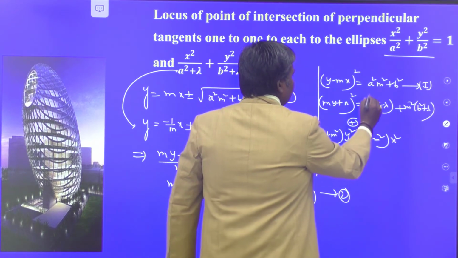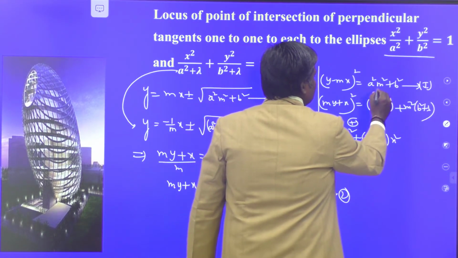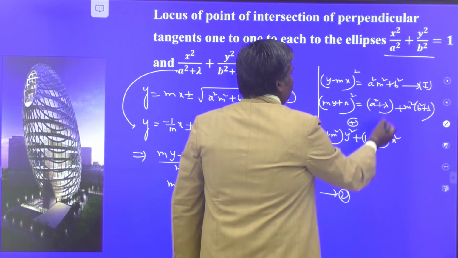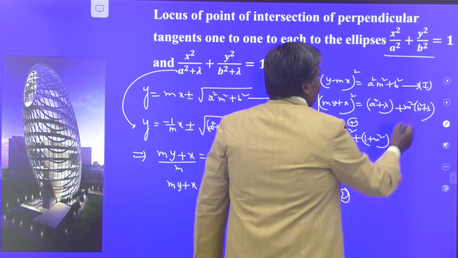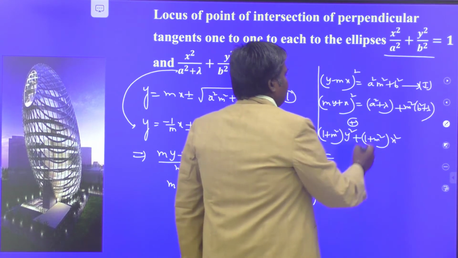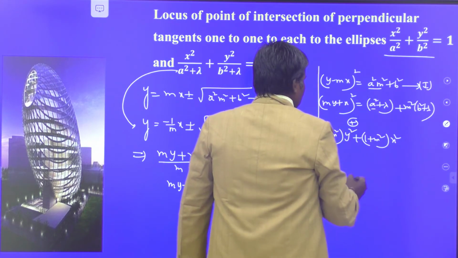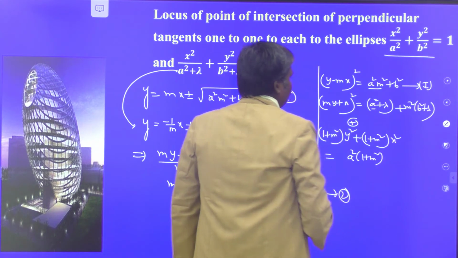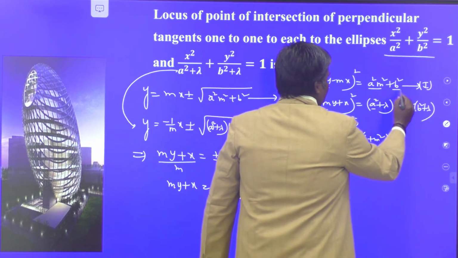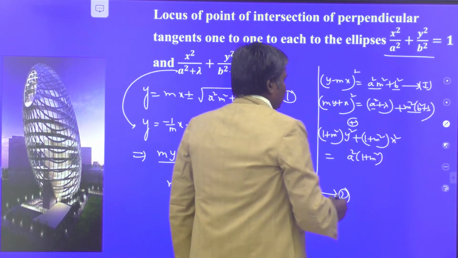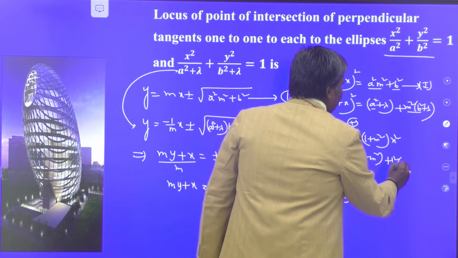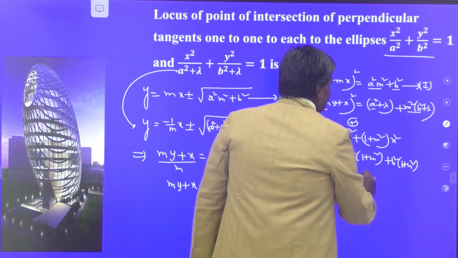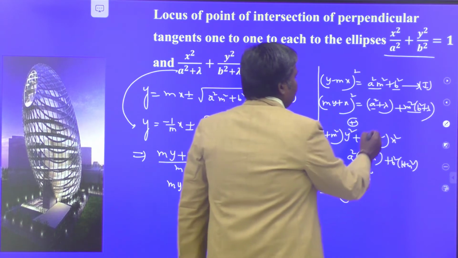That is equal to a square m square plus b square, a square plus lambda plus m square times b square plus lambda. A square m square plus a square means a square times 1 plus m square is there. Again b square plus m square b square, that means plus b square times 1 plus m square. Plus, what is the remaining here?